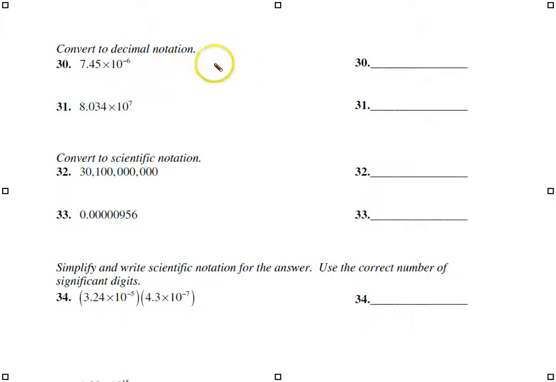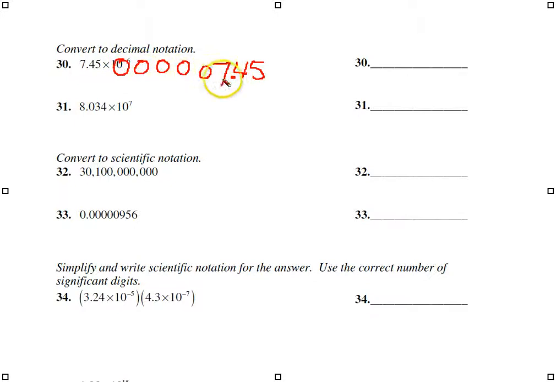So with our decimal being here, we need to move it to the left 6 places. That's what that -6 stands for. So there's one place, 2, 3, 4, 5, 6.